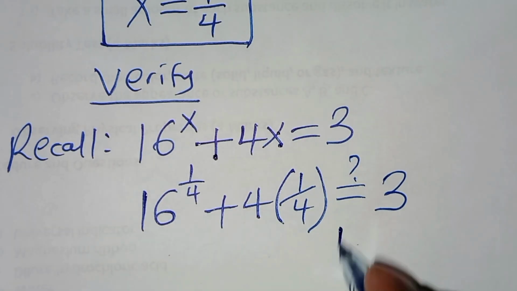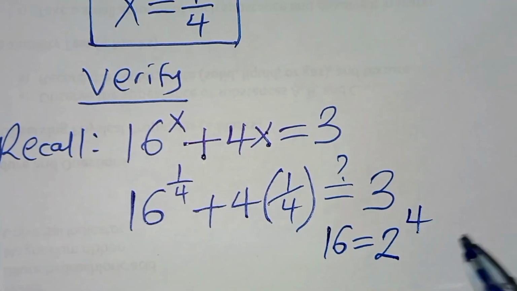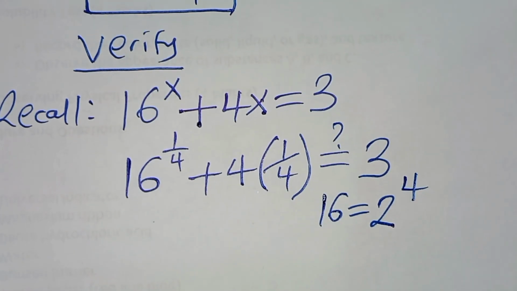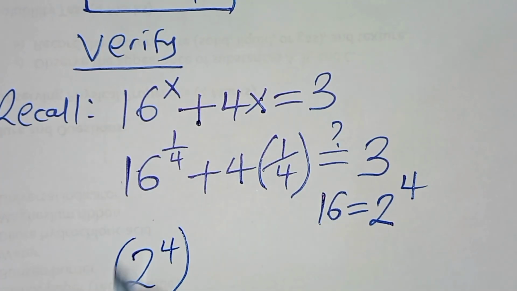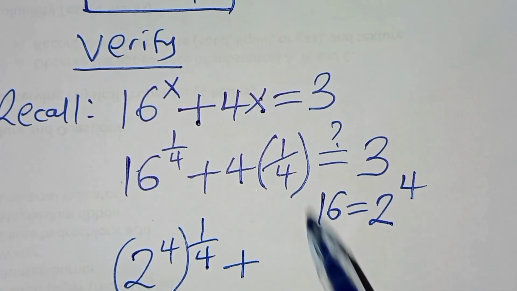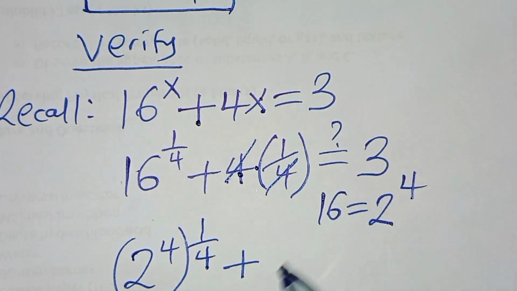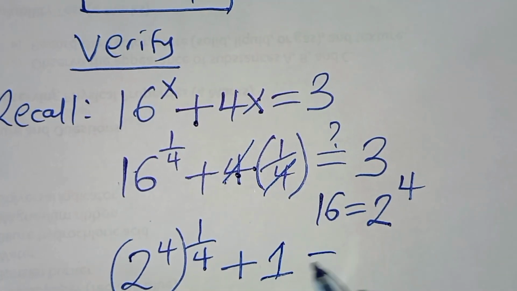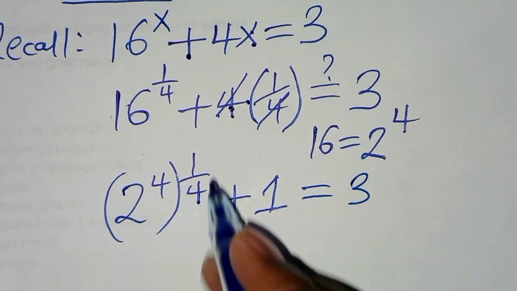We can express 16 as 2 to the power 4. So substituting this, we'll have 2 to the power 4 multiplied by 1 over 4 plus, now here we have 4 times 1 over 4. This one simplifies, so this is 1. This should give us a value of 3. So again here, let's simplify.